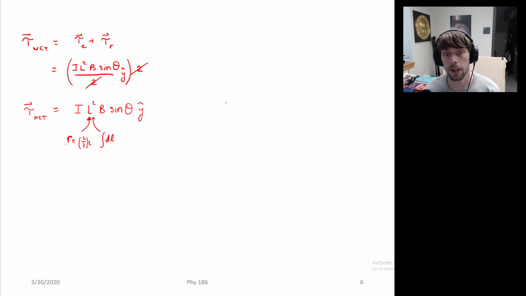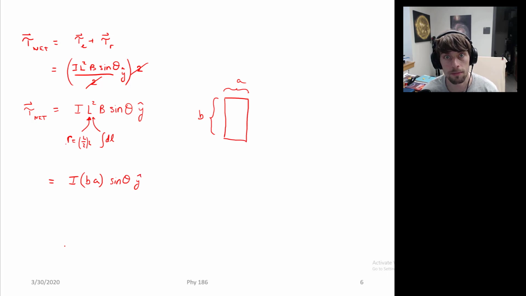In more general, if I had used a rectangular loop and said, okay, well, let's call this distance B and this distance A, you would have noticed that instead of getting an L squared, I would have gotten something like B times A sine of theta in the y hat direction.